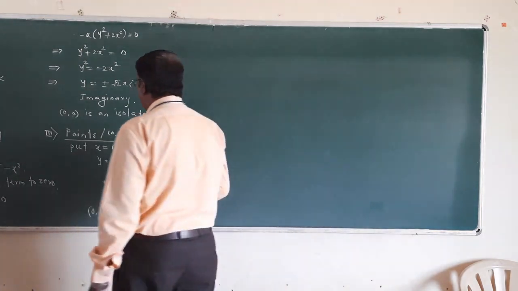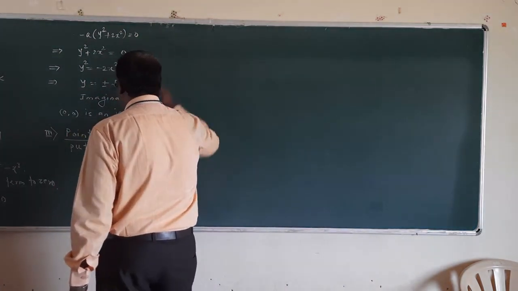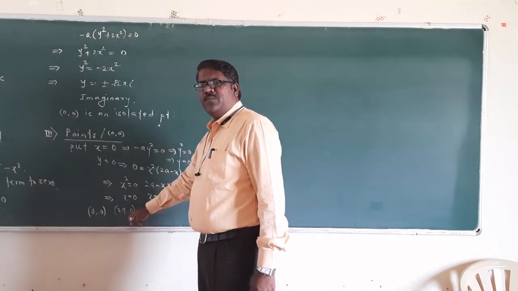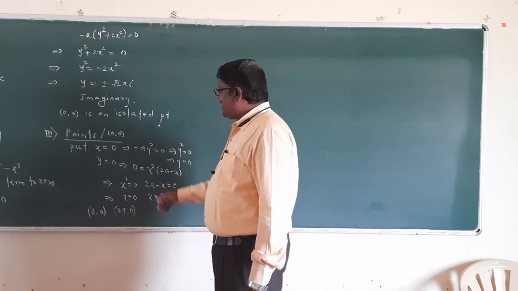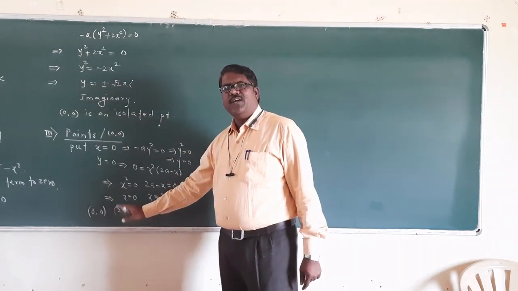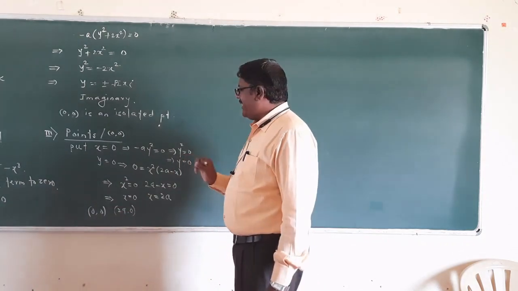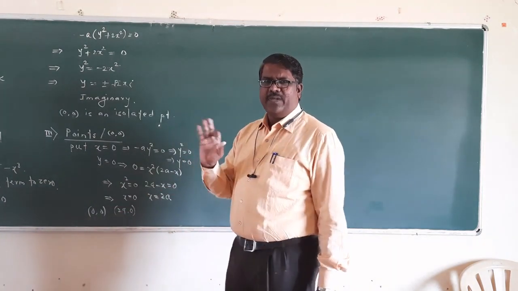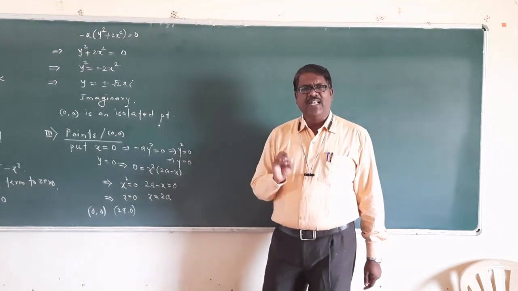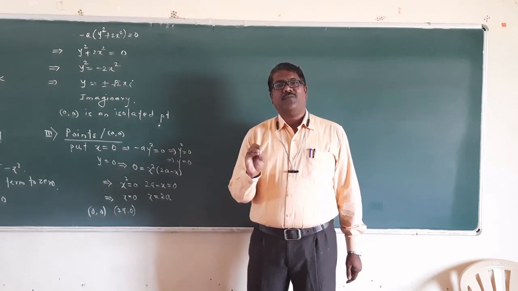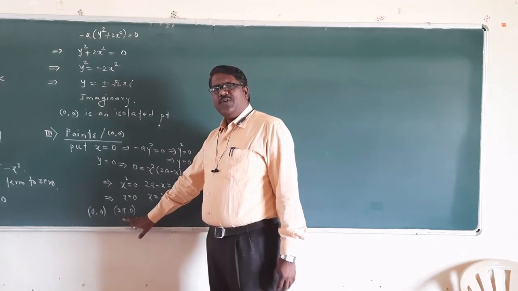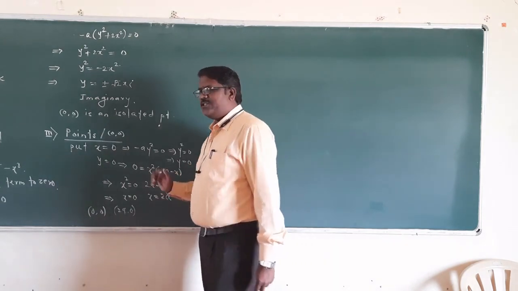Now the fourth point, it is asymptote. But before that, here we got 2a comma 0 is the point other than origin. So next work is to calculate equation of tangent at 2a comma 0. How we calculate tangent at 2a comma 0? There are two methods. One is either shift of origin, and the second method is calculation of derivative. So here we use shift of origin to get tangent at 2a comma 0.